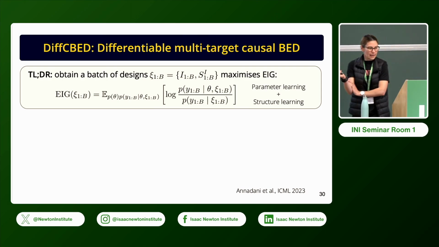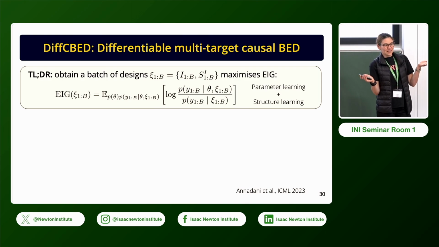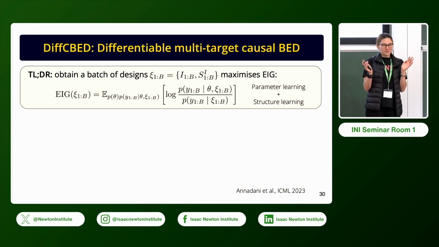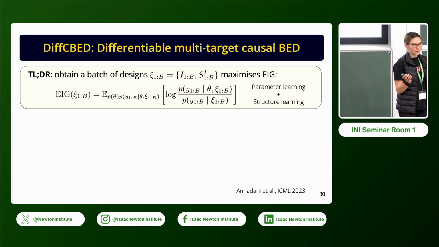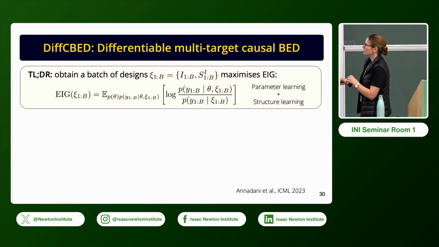Okay, and the TLDR really is we're doing almost standard Bayesian experimental design with a slightly expanded expected information gain criterion, right?